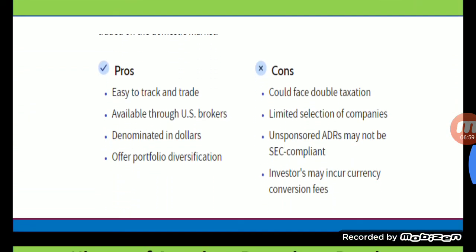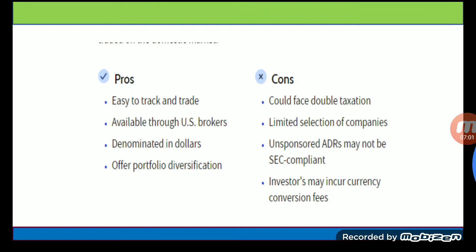In a nutshell, in summarized form, we can say that the advantages of ADRs are that they are easy to track and trade, available through US brokers, denominated in dollars, and the fourth advantage is that they offer portfolio diversification. Like advantages, there are some disadvantages.